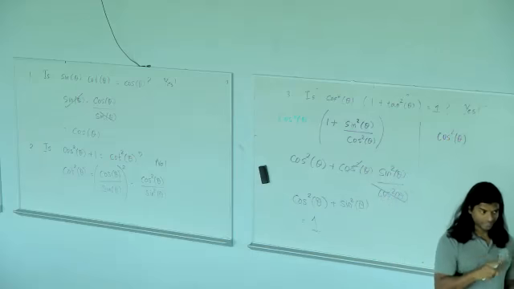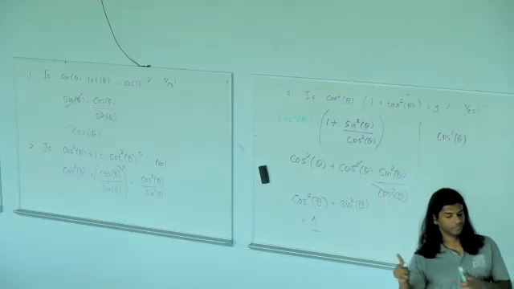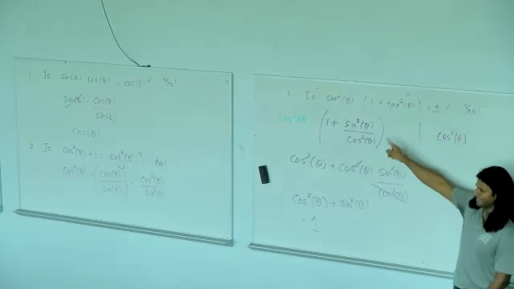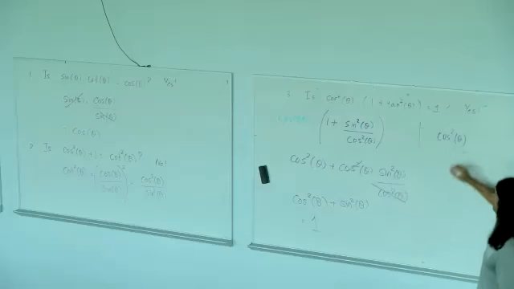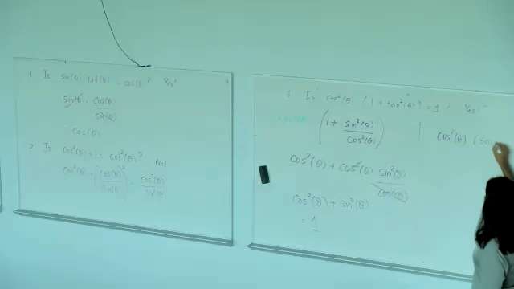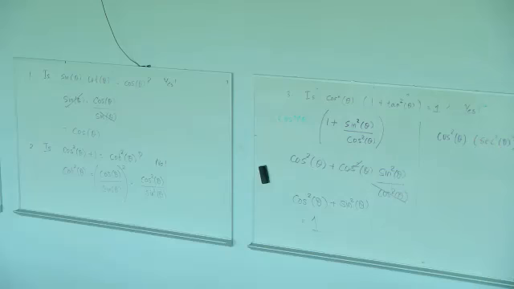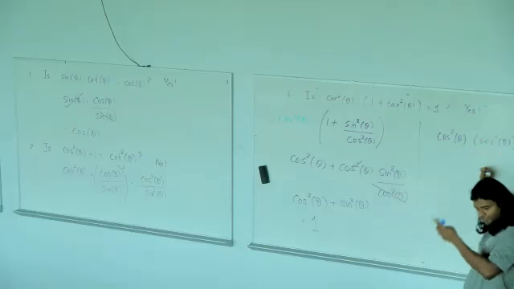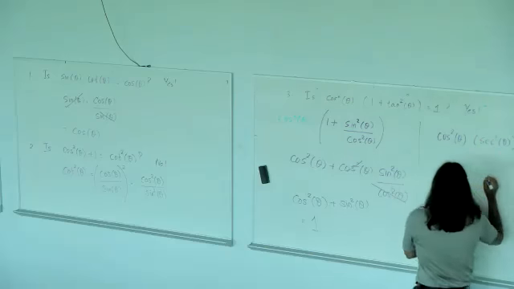Second, 1 plus tangent squared theta equals secant squared theta. So I didn't even have to do all this. I can rewrite 1 plus tangent squared theta as secant squared theta. But then secant theta is 1 over cosine theta. Square it, you would get 1 over cosine squared theta.